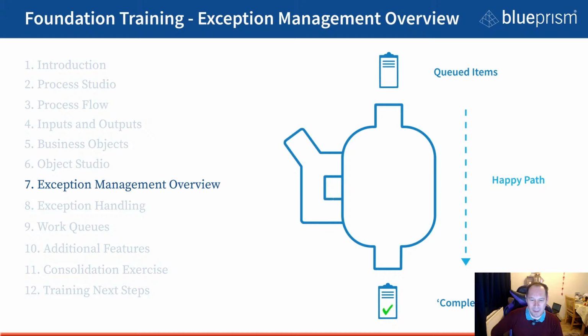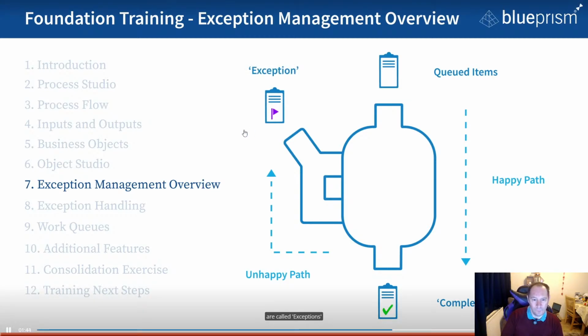The unhappy path. In practice, the machine will occasionally encounter problems, preventing some items from making it all the way through to completion. These unfinished cases will require the attention of a human being in order to be resolved. The occurrence of unexpected errors within a process or business object are called exceptions, and the procedure for dealing with these is known as exception handling.